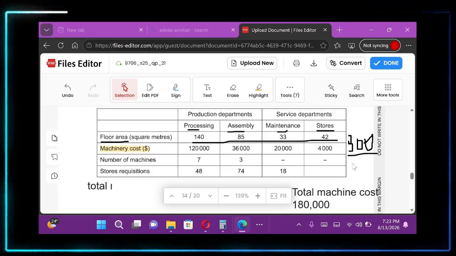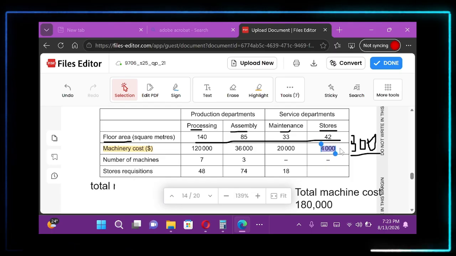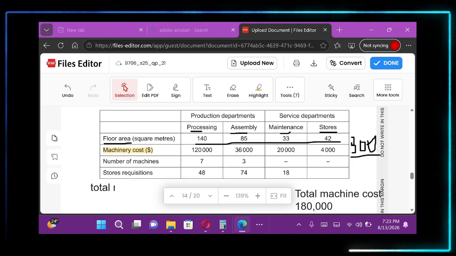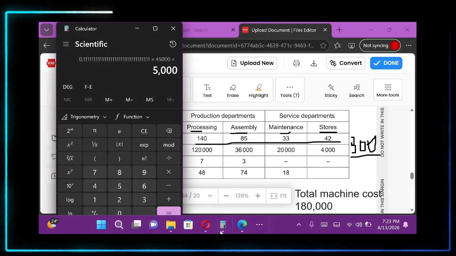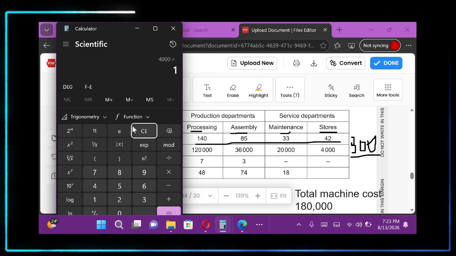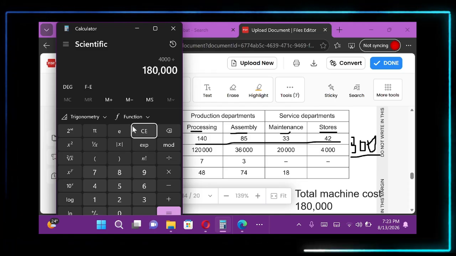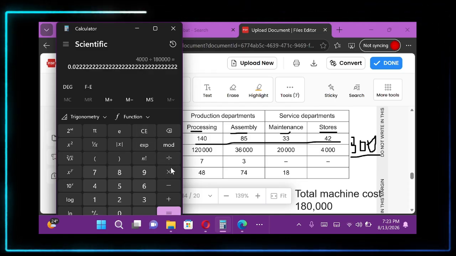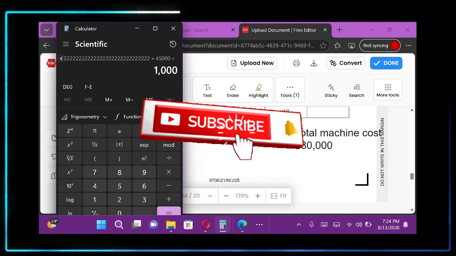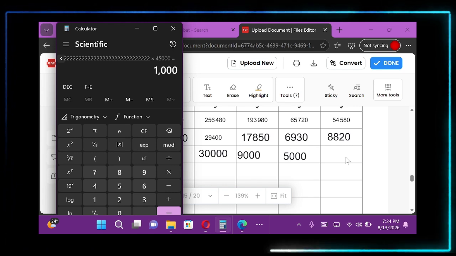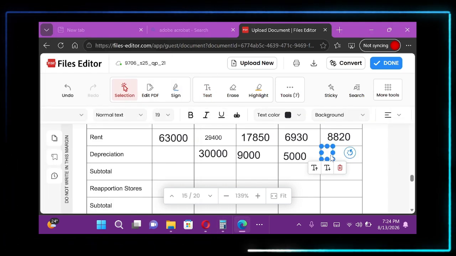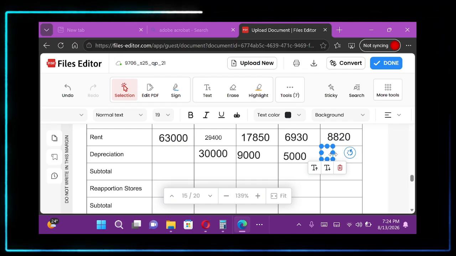Stores, 4,000 divided by 180,000 multiplied by 45,000. It's going to be 1,000.